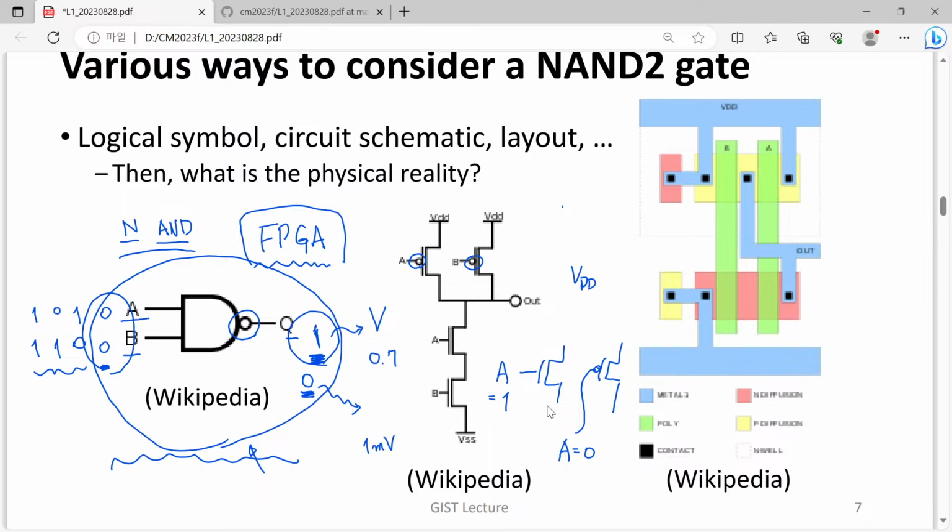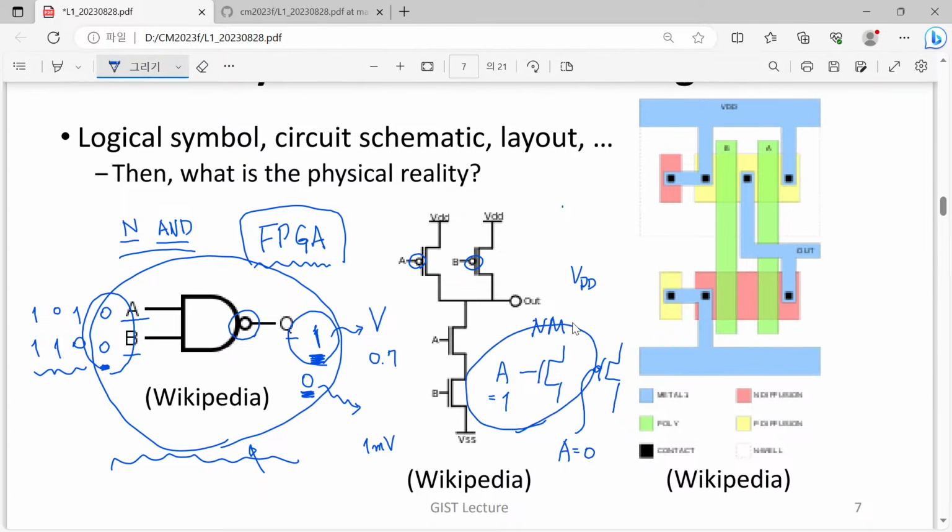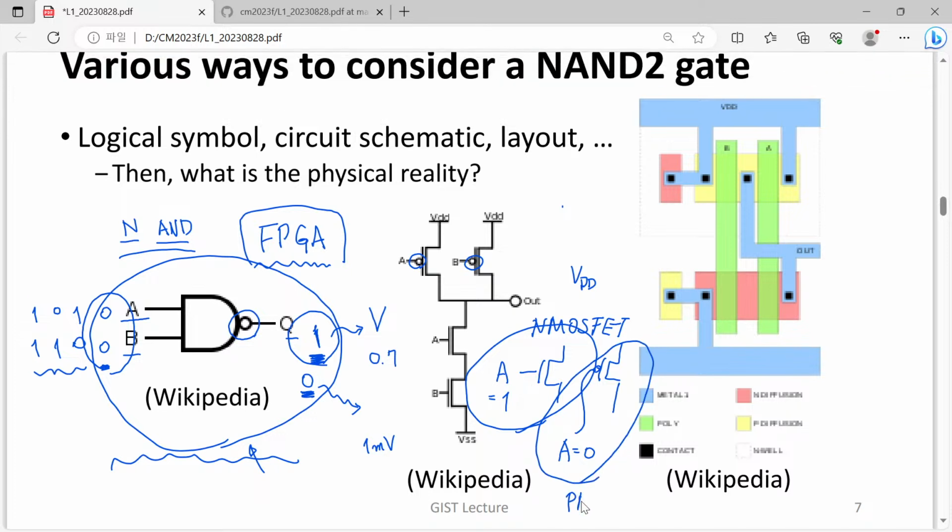This is also the art of our device fabrication, and using the N MOSFET we can realize this kind of behavior, and also when we introduce the P MOSFET, we can achieve this behavior. So please do your self-study about N MOSFET and P MOSFET. They have different polarities, and following their different working principles, they can achieve this kind of behavior. Okay, any further question?